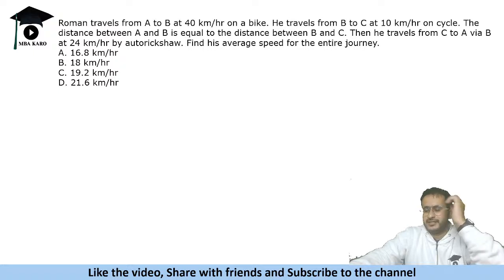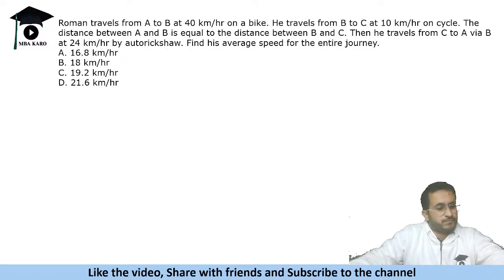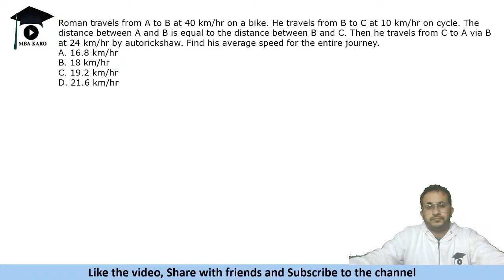Find his average speed for the entire journey. So he goes from A to B, then B to C, and C to A.